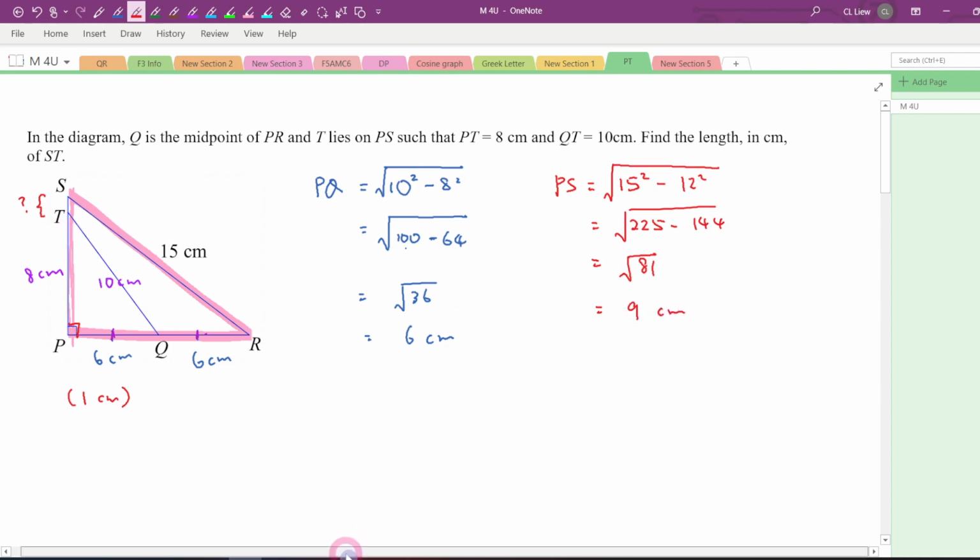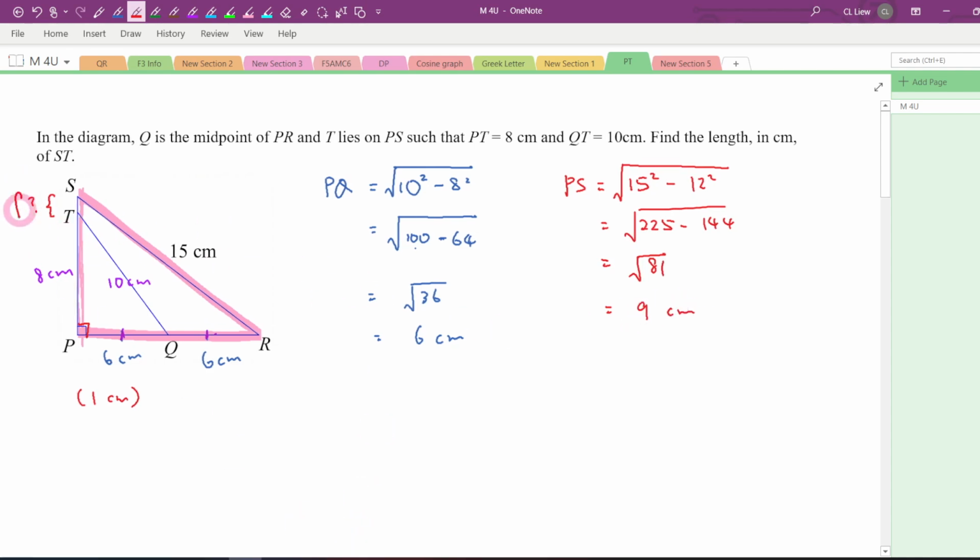Now we know that from here to here is 9 centimeter. But the question is only asking for ST. Therefore, ST is equal to 9 minus 8, which is equal to 1 centimeter. Okay, this is how we solve this type of question.